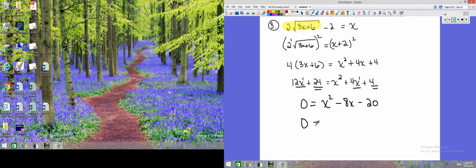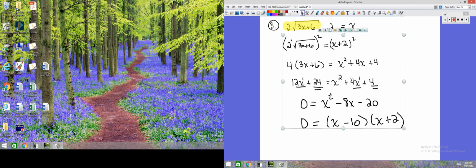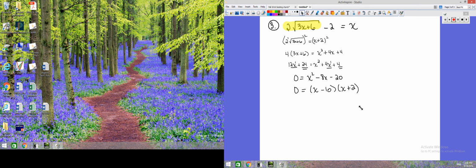So I believe that factors to x minus 10 and x plus 2. And it is awfully easy to get those signs backwards, to have x plus 10 and minus 2. But if you look, since the last term is negative, they need to be opposite in sign. Since the middle term is negative, the larger in magnitude has to be negative.